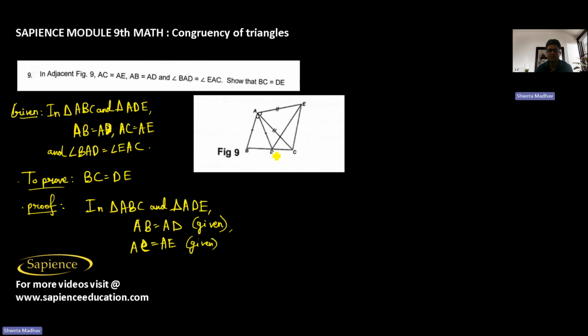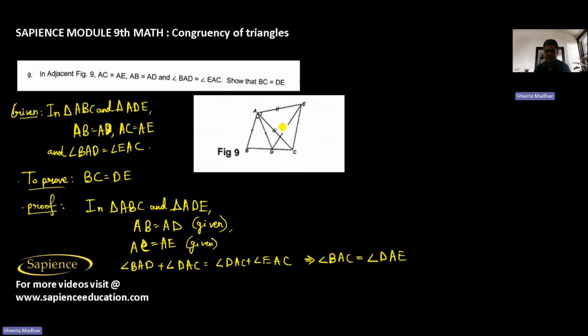And we can see that angle BAD is equal to angle EAC, so I can say angle BAD plus angle DAC will be equal to angle DAC plus angle EAC, which implies that angle BAC is equal to angle DAE.